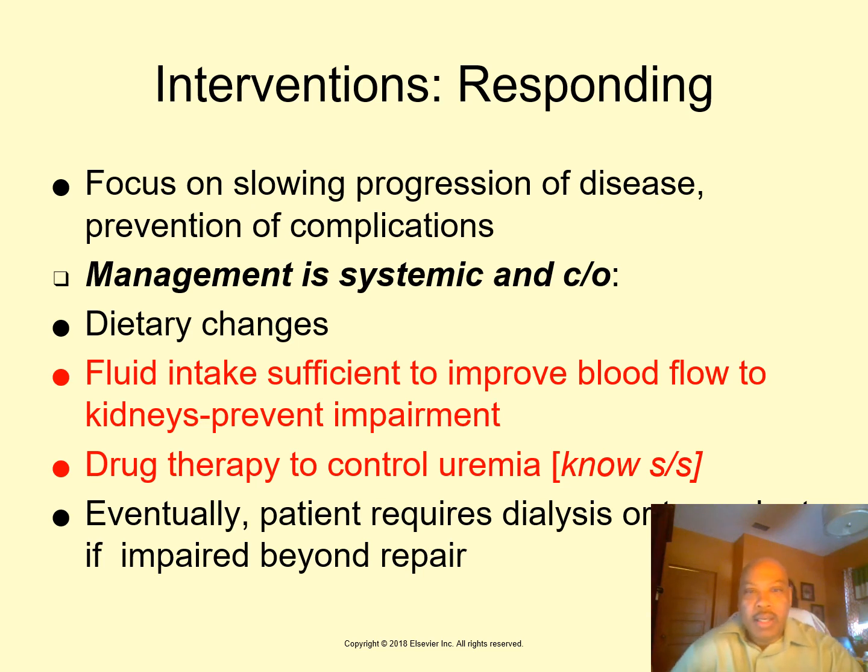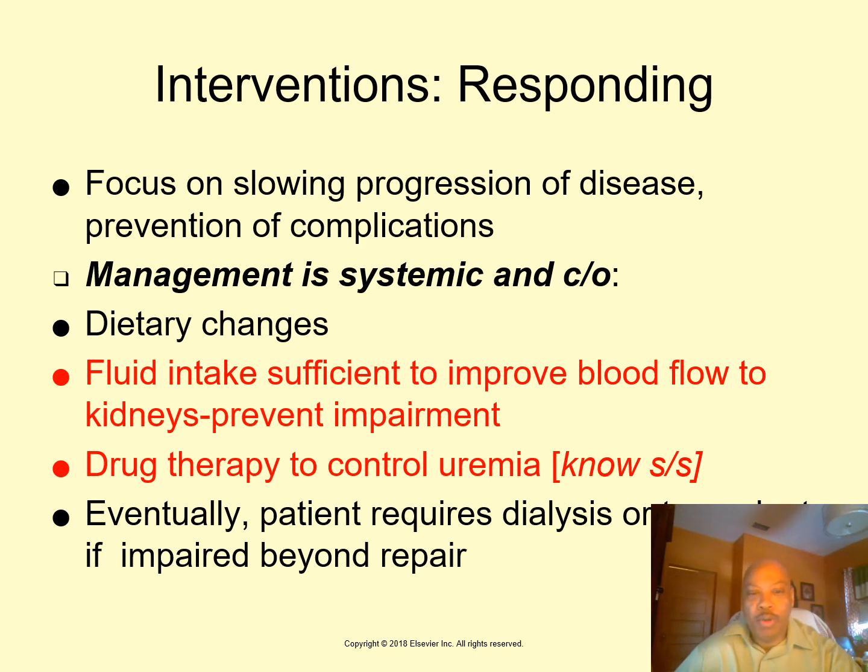So as far as continuing our interventions, how we respond appropriately to these patients, we must focus on slowing progression of the disease. We must also prevent any complications. Now, management is systemic, and it does consist of perhaps dietary changes.